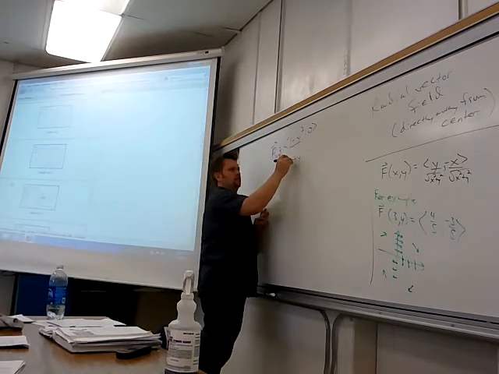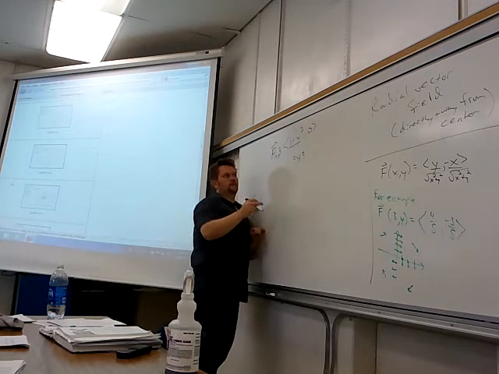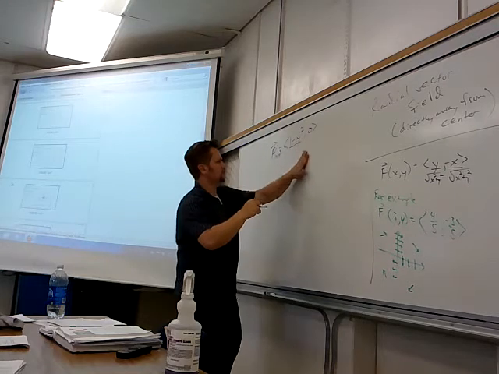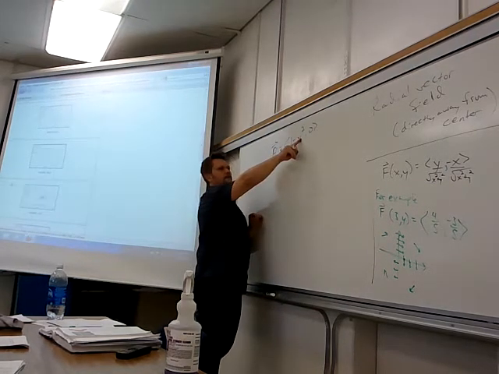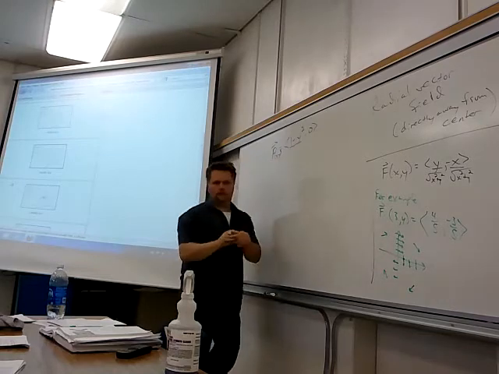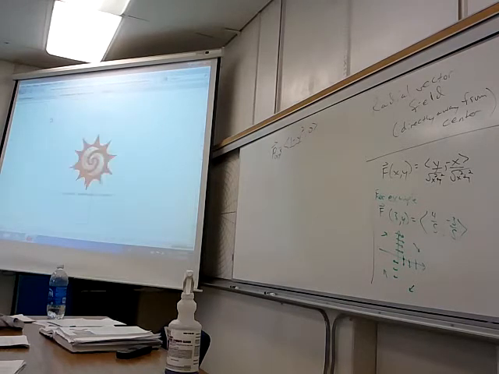Y has to be between... what am I trying to say here? If I try to put in there, you're trying to make it equal to 0, so exactly. y can't equal 1.